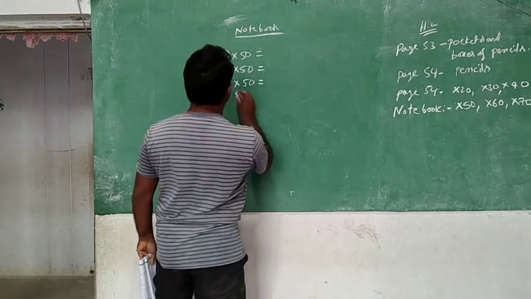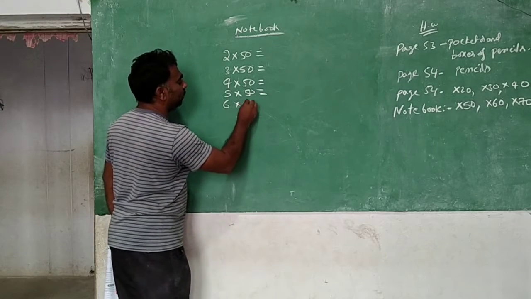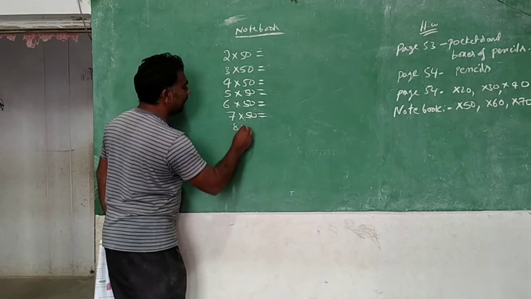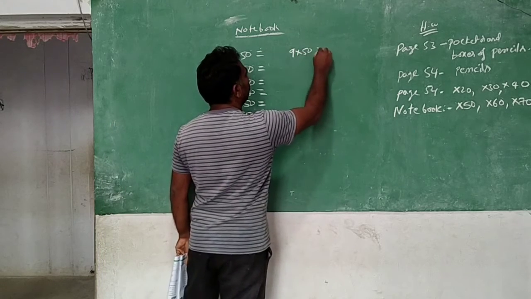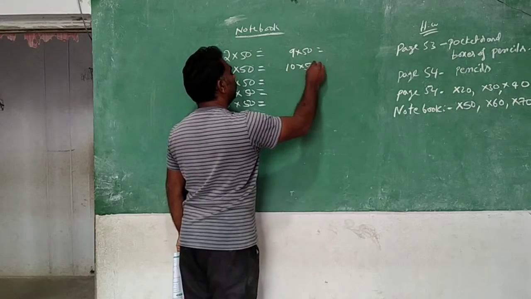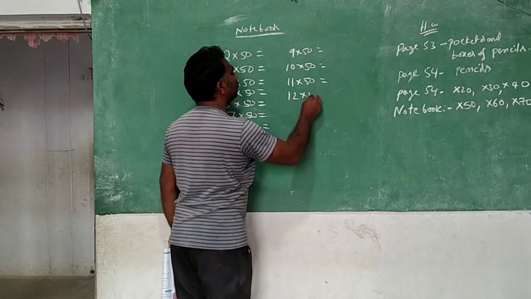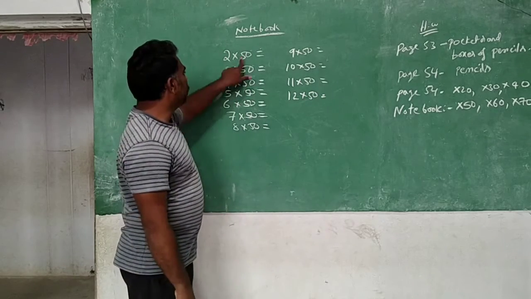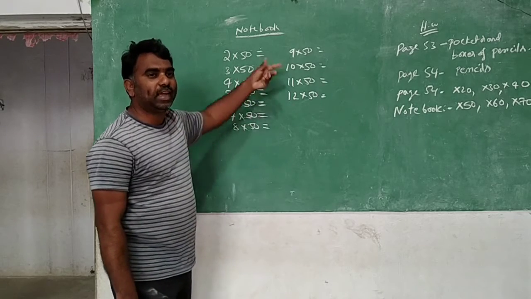You can watch this in the complete video. 5 into 50, 6 into 50, 7 into 50, 8 into 50, 9 into 50, 10 into 50, 11 into 50, 12 into 50. Same, one more line: 2 into 60, 3 into 60, 4 into 60, 5 into 60, like that.